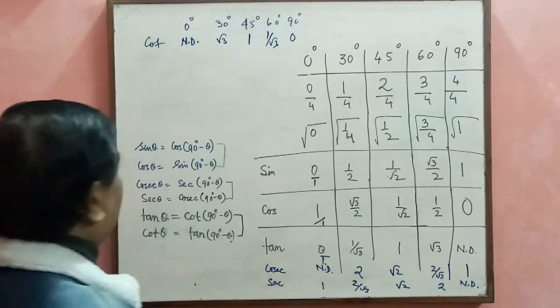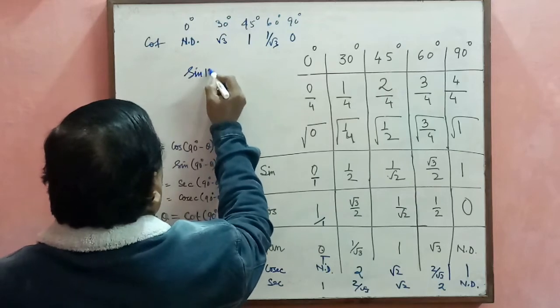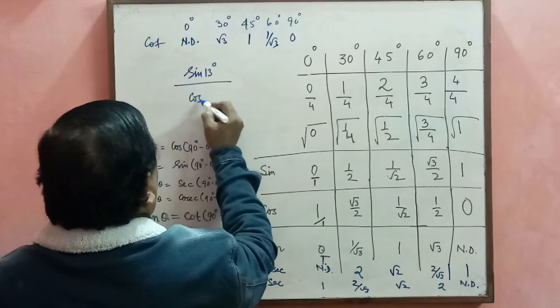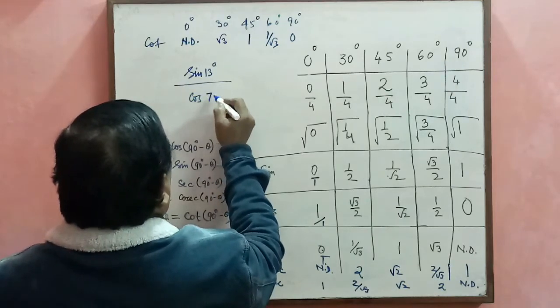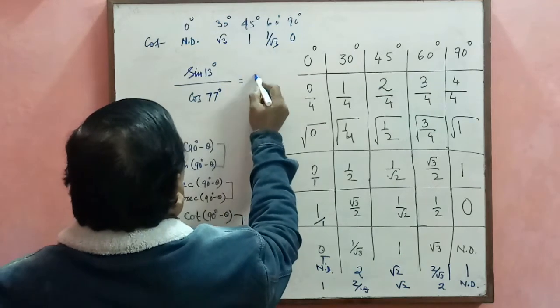How? Like, let's take sine 13 degree upon cos 77 degree. What is the value of this one?